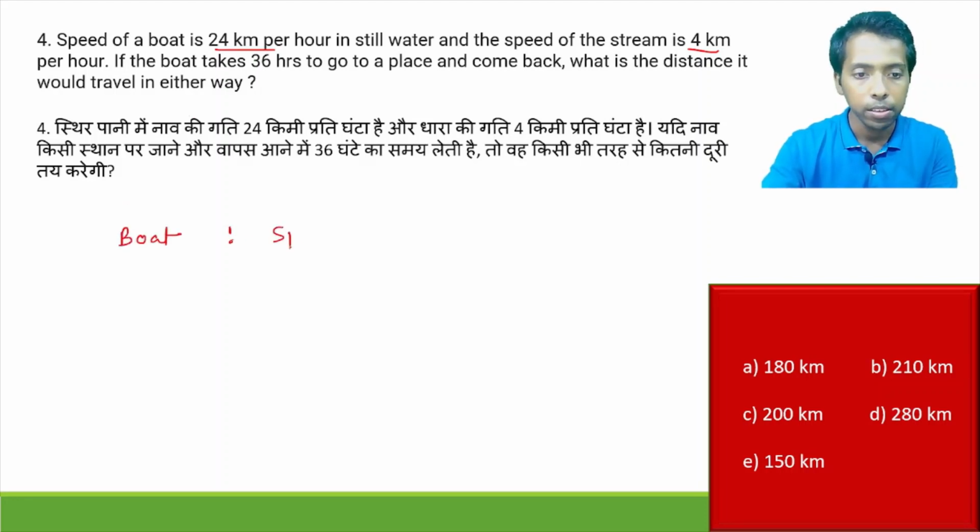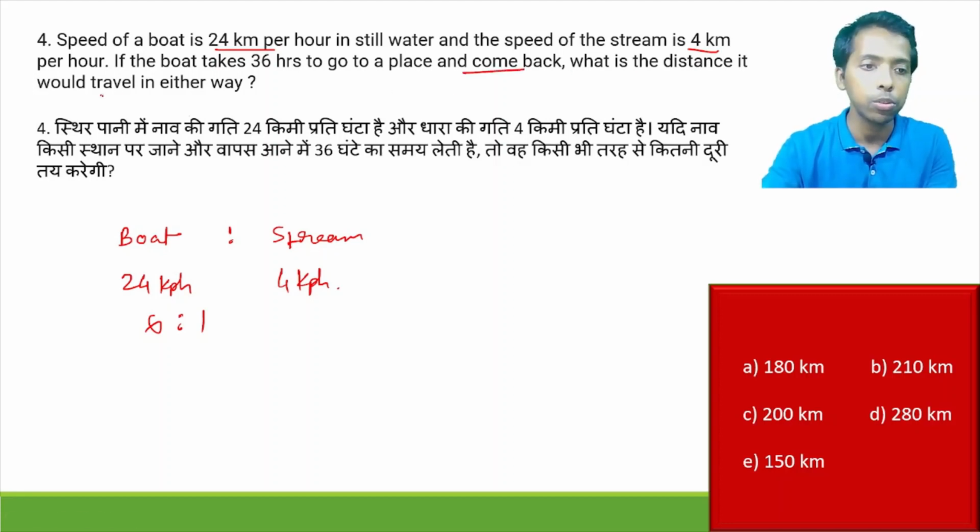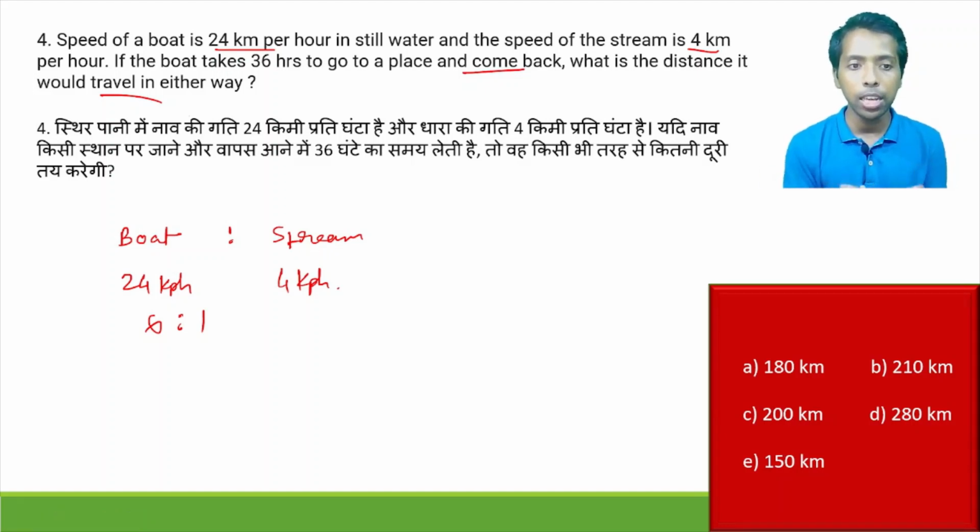So this is 24 km per hour, this is 4 km per hour, so the ratio is 6:1. If the boat takes 36 hours to go to a place and come back, what is the distance it would travel in either way? That is what is asked.